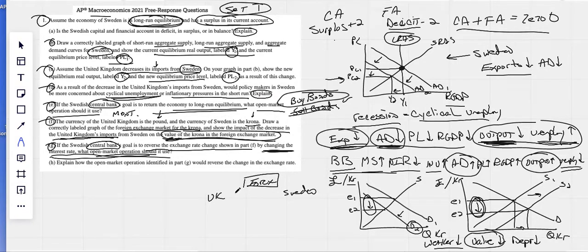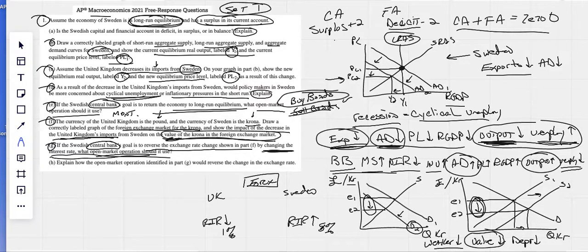Well, what we should know, if we're talking about the FOREX, is that there are a couple of things that affect the foreign exchange market. One is real interest rates. If real interest rates are going up in Sweden, that implies they must be going down in the UK. Let's say the real interest rate in Sweden is 5%, whereas the real interest rate in the UK is 1%. The question then becomes, who wants to put whose money in whose banks?